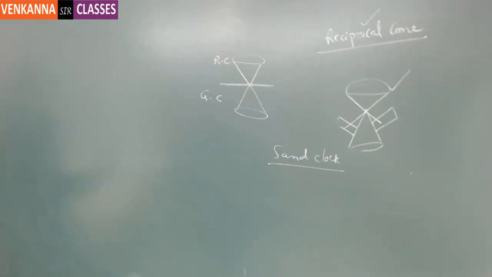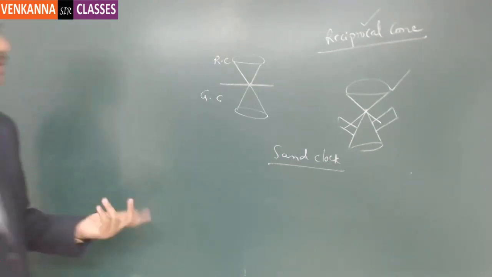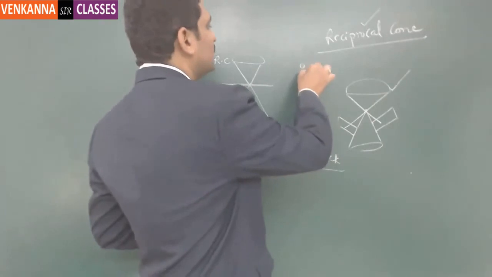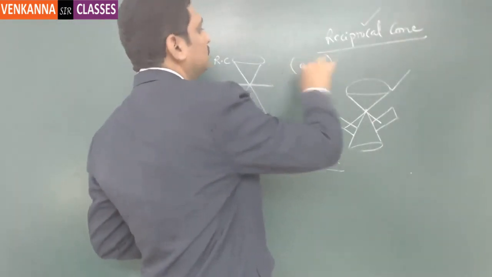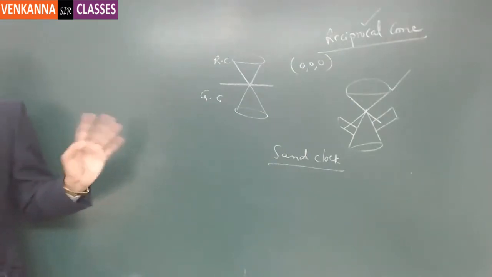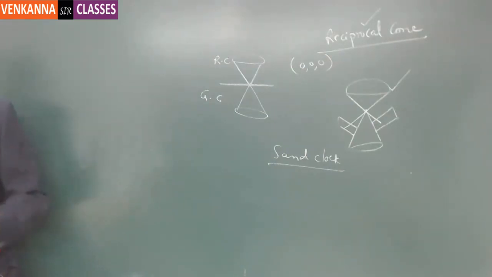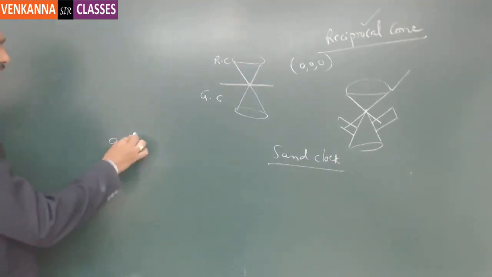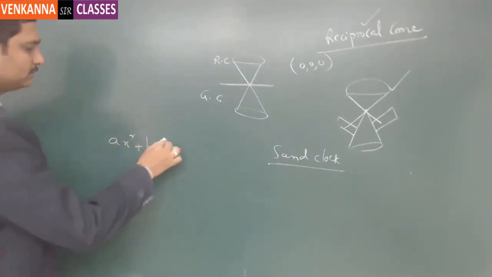And obviously, while doing the problems, we take the vertex to be the origin by default. So while calculating the reciprocal cone, we are doing the problems with the vertex at the origin. Okay. Now, how to solve it: suppose this is our given equation.